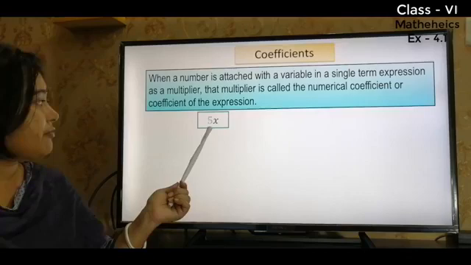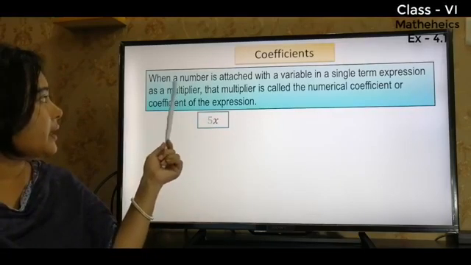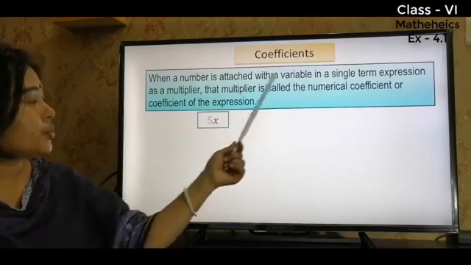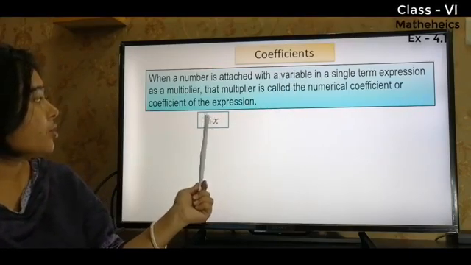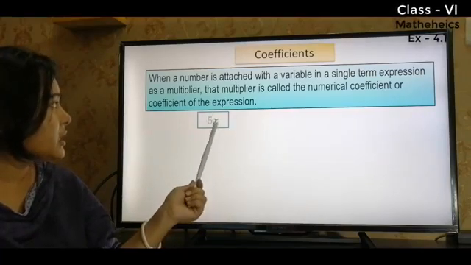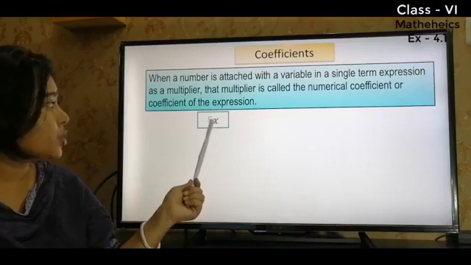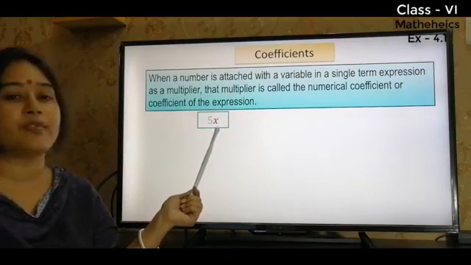Here you can say 5x. So 5x has a number attached with a variable. x is a variable here. 5 is a number, x is a variable. So this 5 is attached to this variable as a multiplier. So this 5 is called the coefficient of this variable.